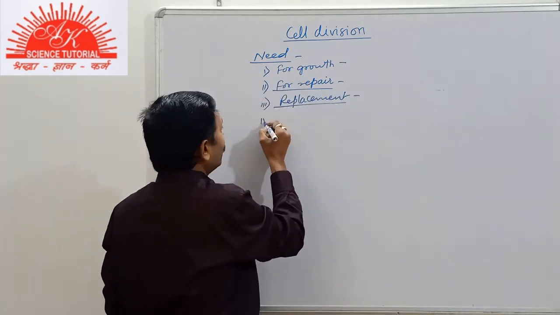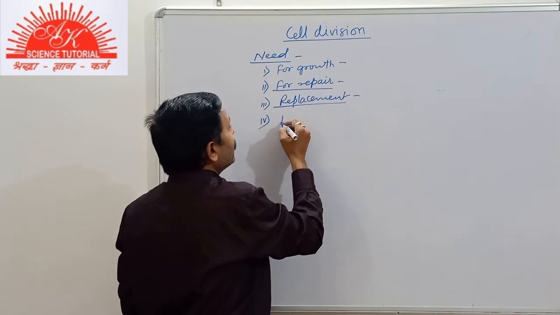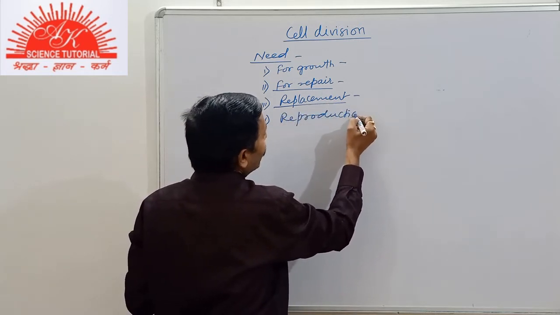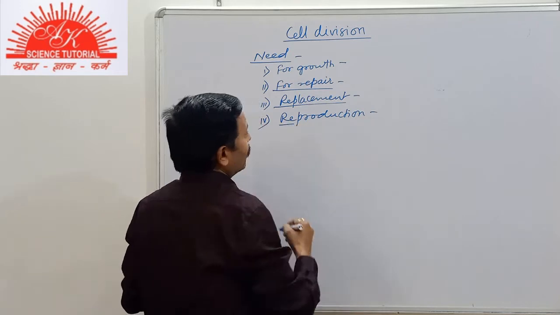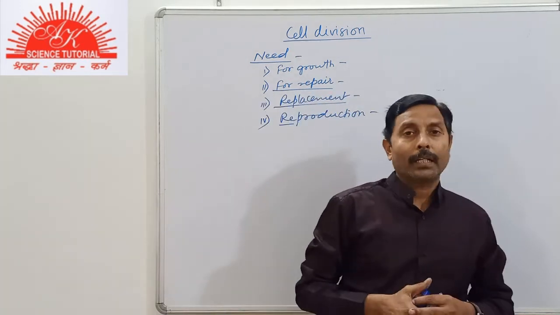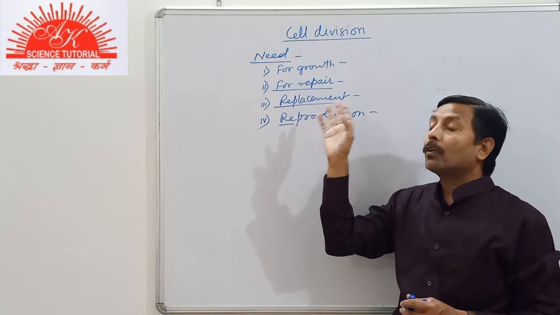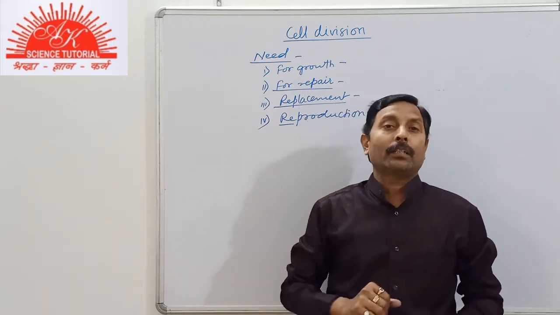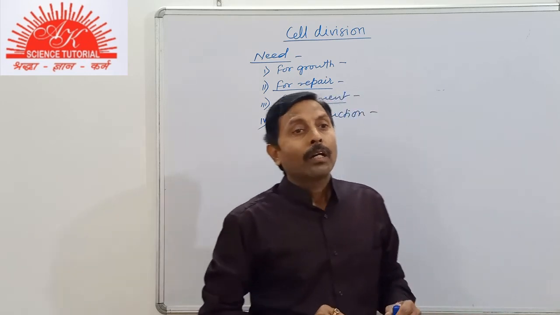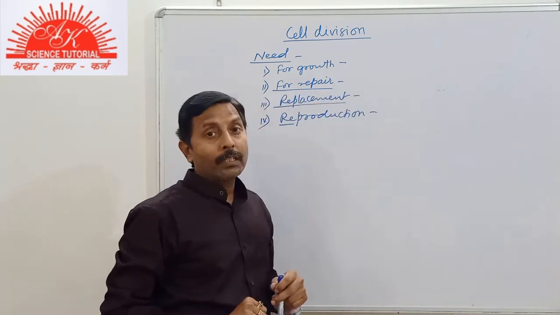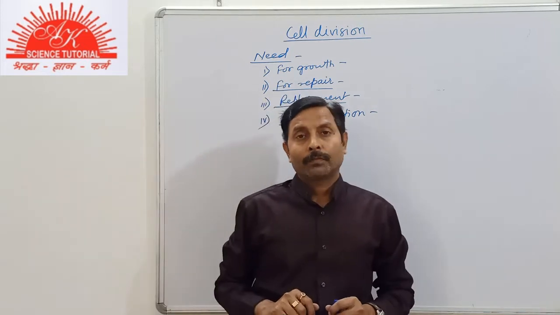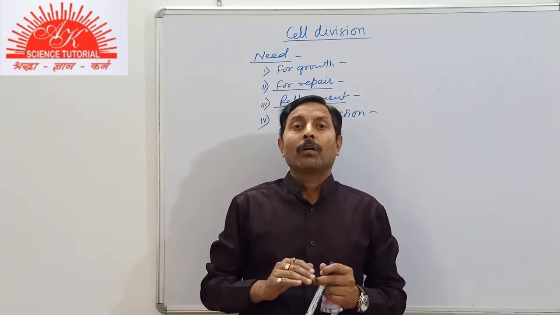The fourth one, which is important, is reproduction. Re means again, producing again. This is a characteristic of living things, that is, they produce their own kind. Now it requires cell division, like in unicellular organisms.